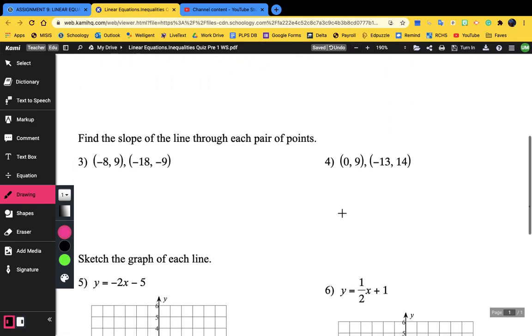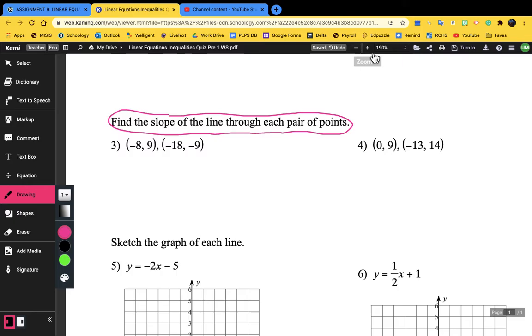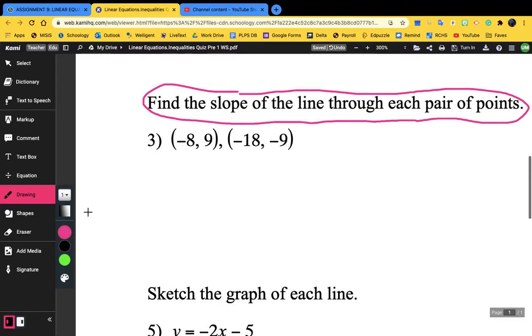So let's look at number 3 here. Number 3 says, find the slope of the line through each pair of points. First thing I'm going to do is identify, using blue, my x and y. That's my x, comma, that's my y, and that's my x on this point, comma, that's my y.